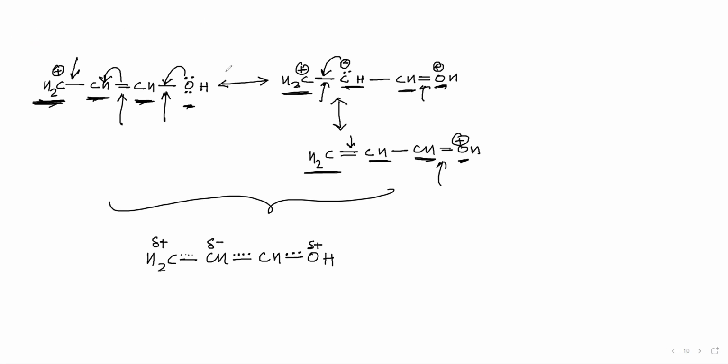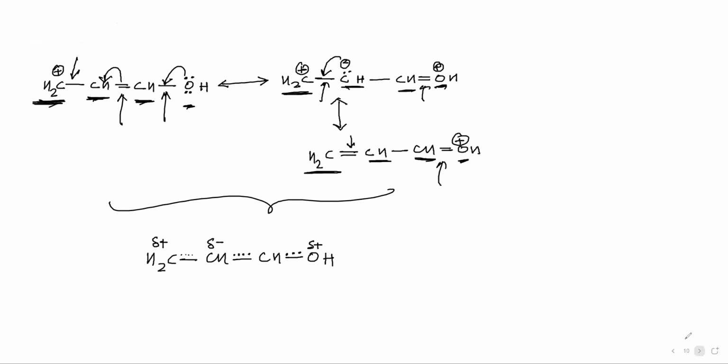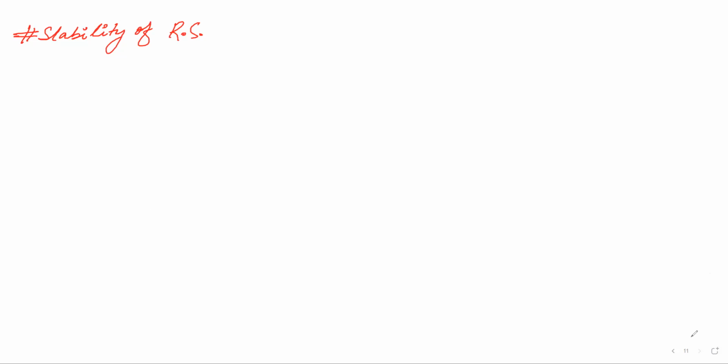That means the stability of each of the resonating structures may or may not be equal. So we have to come up with some criteria, some rules, to recognize which resonating structure is more stable. And why do we want to do that? We want to do that because the most stable resonating structure will have the most contribution in the resonance hybrid structure.